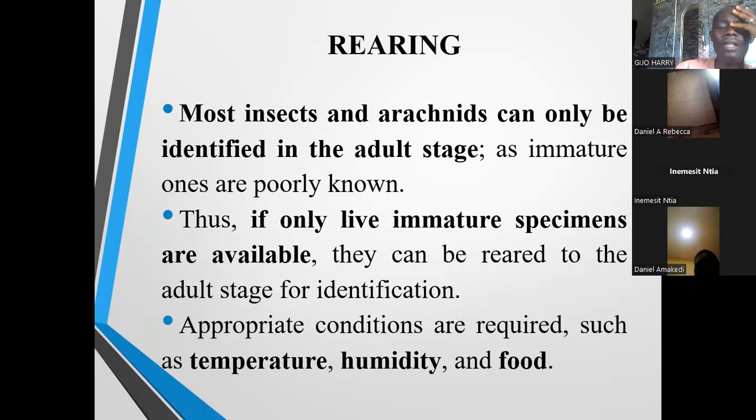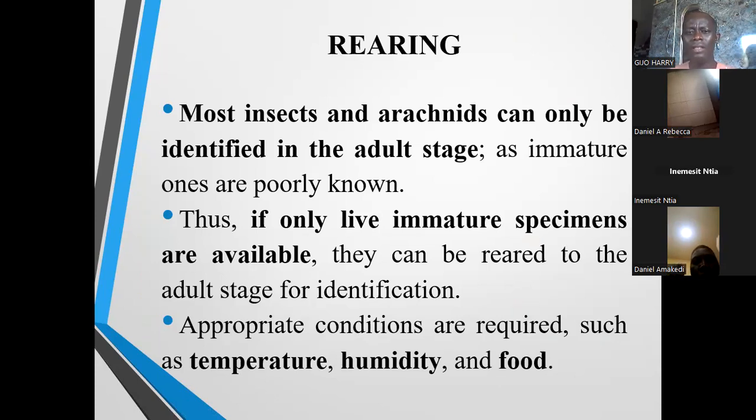Another method for the collection of insects is rearing. There are some insects and arachnids that may be immature when collected and may not be properly identified. There are some where you only find the eggs, and you wouldn't know which type of insect it is. So such insects or arachnids are reared.